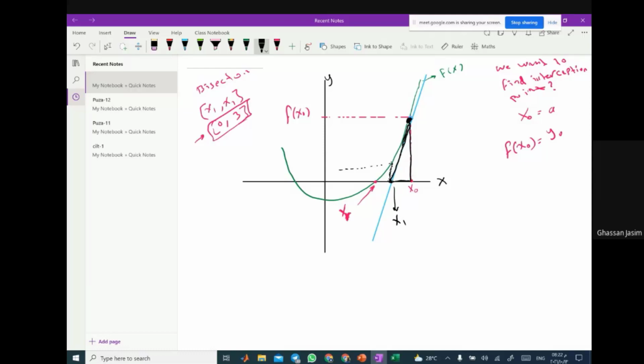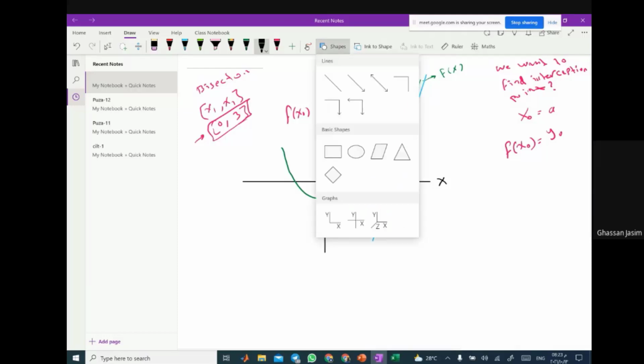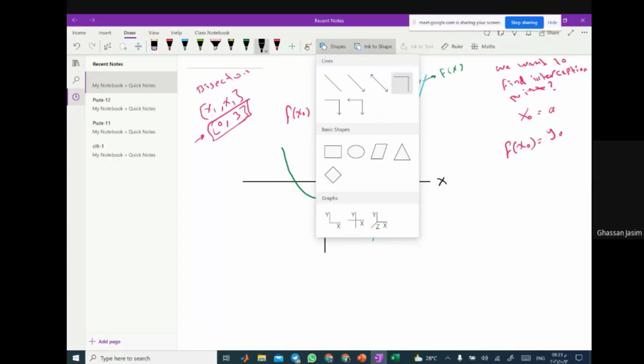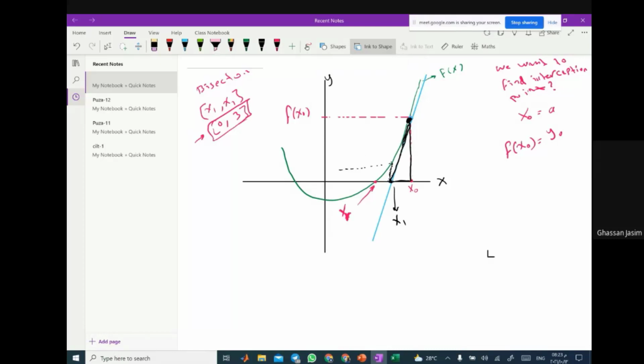Let's take this triangle, something like this.